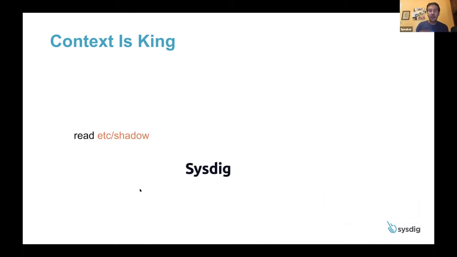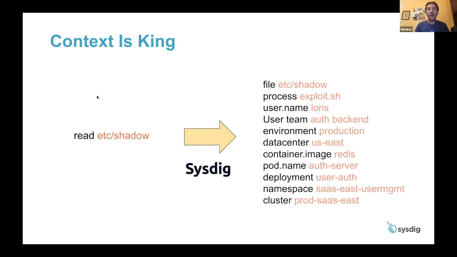Well, the enrichment that is done by tools like Sysdig can start from information like "a sensitive file was read in your infrastructure," which is definitely useful by itself, but it can convert it into details about the file, the process that touched this file, the name of the user, the team this user belongs to, the environment, production versus development, and so on, the data center, the container image, and as a consequence, information about what particular piece of software essentially caused this.